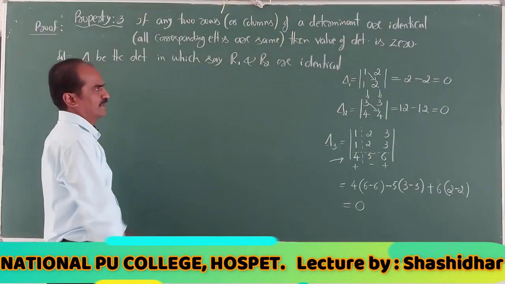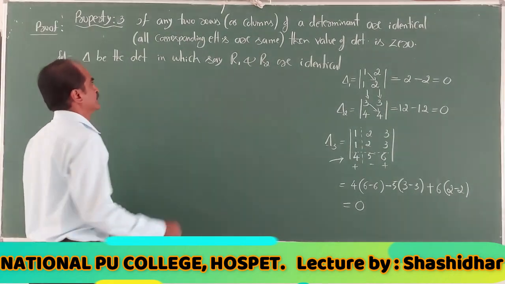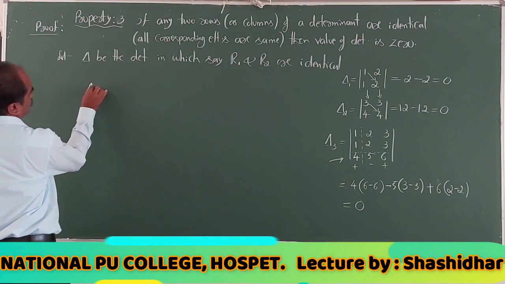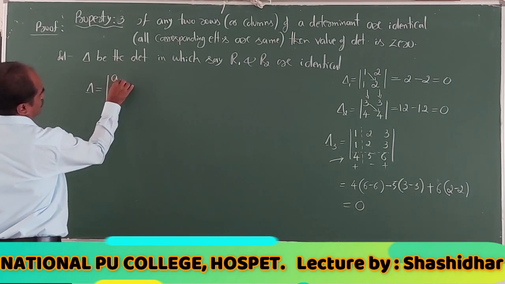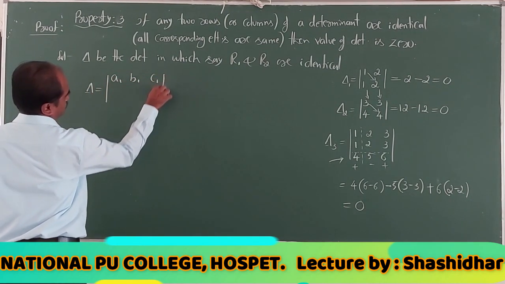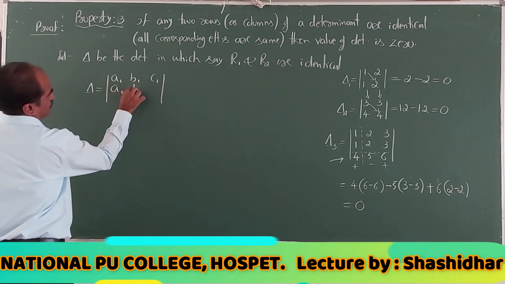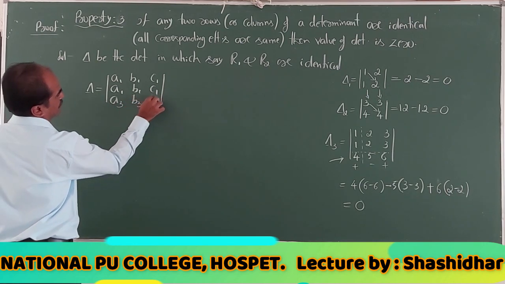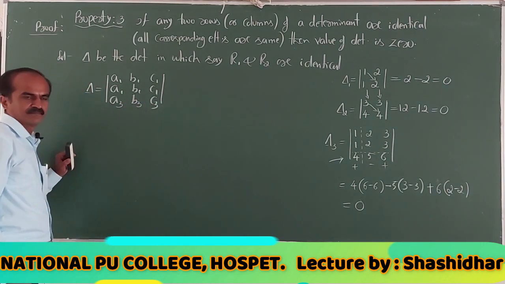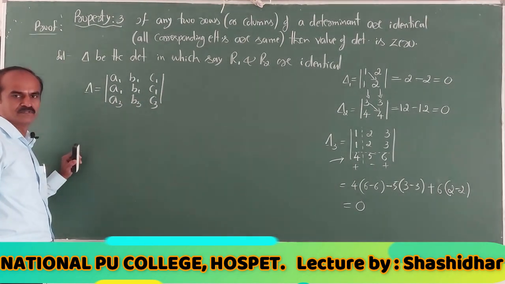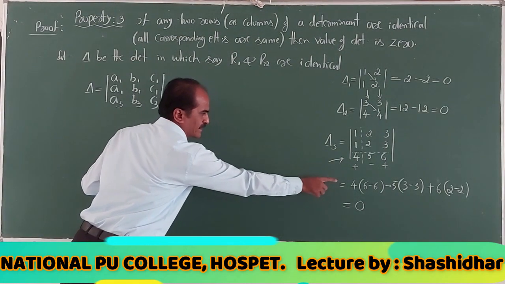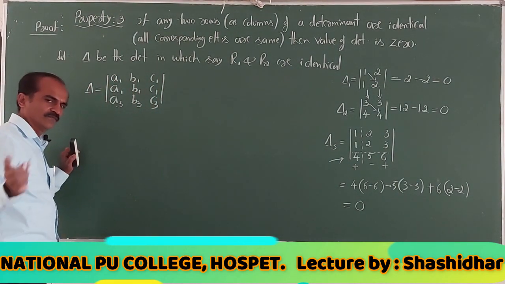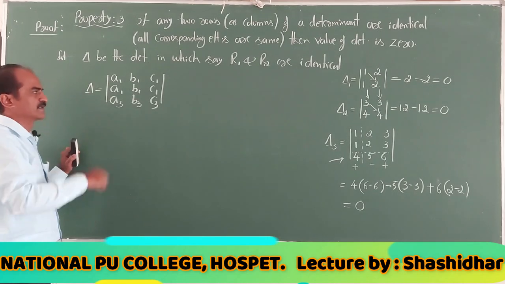To prove, I have taken R1 and R2 identical. That is, delta equal to first row elements A1, B1, C1. Second row elements are also A1, B1, C1. Third row, say A3, B3, C3. Now I have to show that its value is 0. Like this, I can expand and show that its value is 0. Without expansion, I can show that its value is 0.